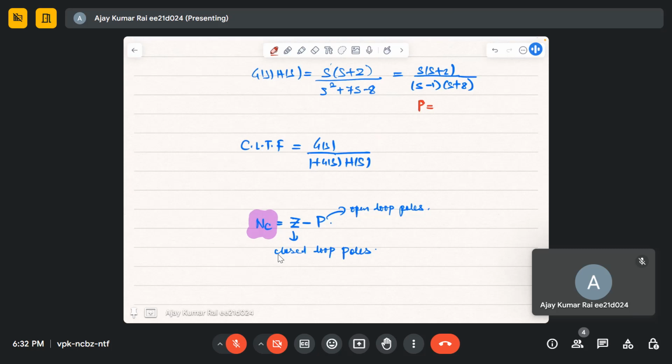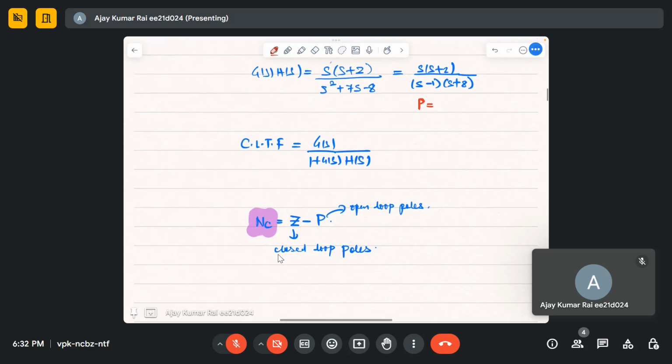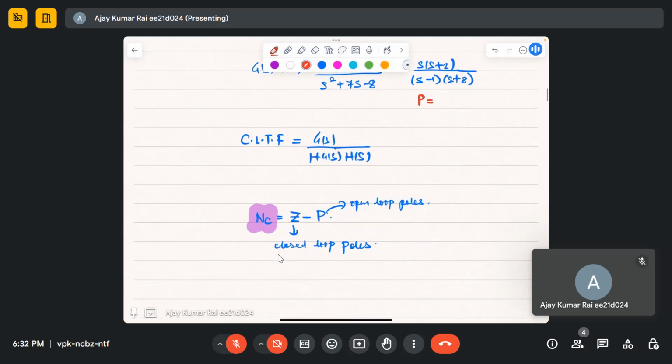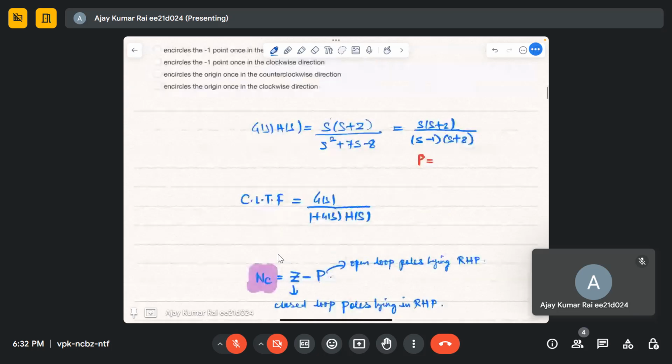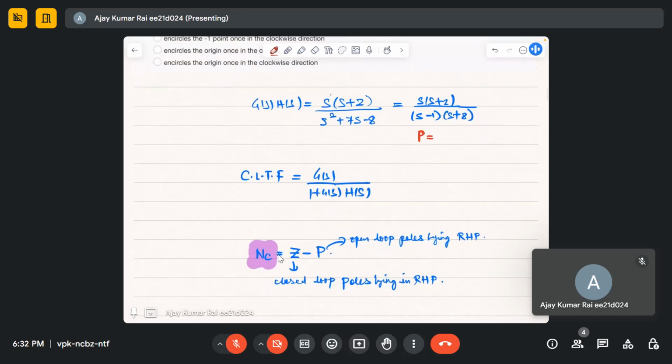P is open loop poles lying in the right half plane, and Z is closed loop poles lying in the right half plane. So what can you say about P looking at the open loop transfer function? How many poles are lying in the right half plane?